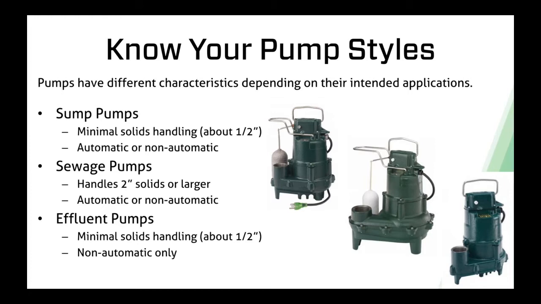The reason for that is in an effluent application, the water coming off of a septic tank has present in that environment corrosive gases. And so if we have a pump, like a sump pump, like the image of the sump pump there, that has a side switch, those corrosive gases, if you allow that water to ride up and down the side of the pump, can attack that pump and cause damage in the long term.